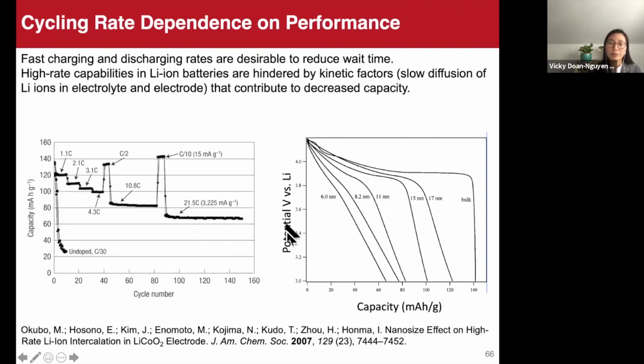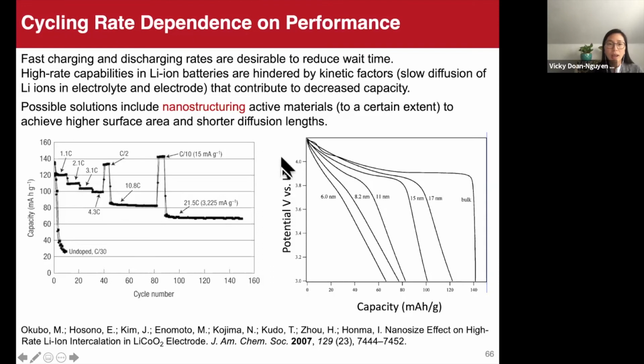And so you can also see that there are some possible solutions in which if you nanostructure a material and make the particle size smaller to a certain extent, you can achieve higher surface area and thus shorter diffusion lengths between the surface of the particle and the center of the particle.